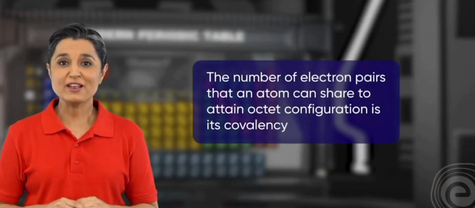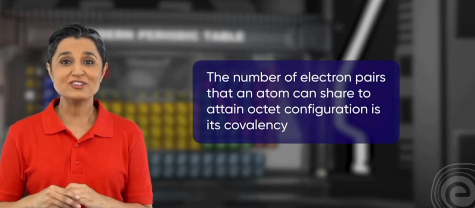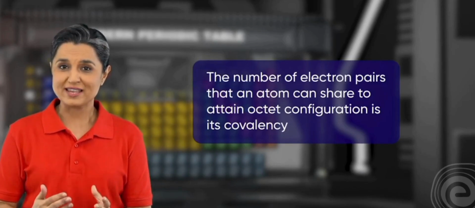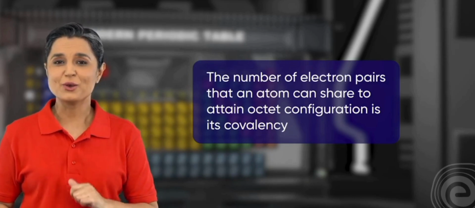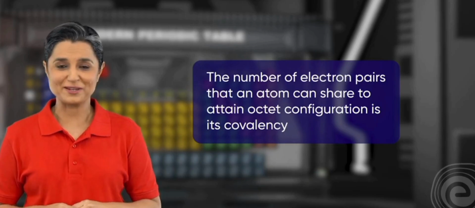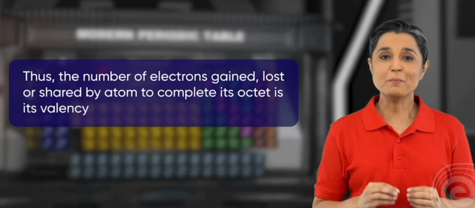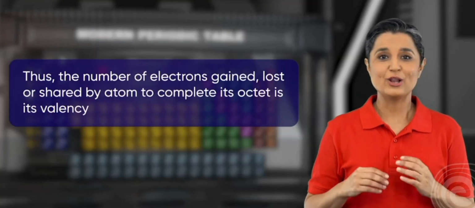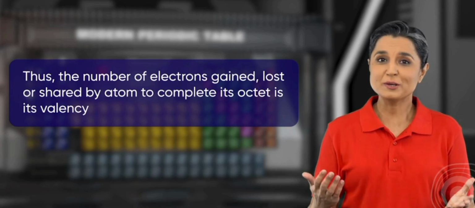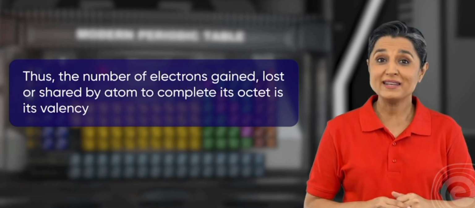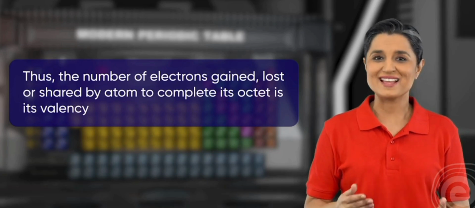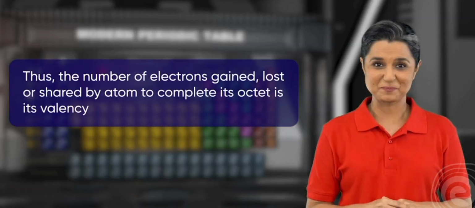The number of electron pairs that an atom can share to attain octet configuration is defined as its covalency, which is 1 for chlorine. Thus, the number of electrons gained, lost, or shared to complete the octet directly tells us about the combining capacity of the element, that is, its valency.